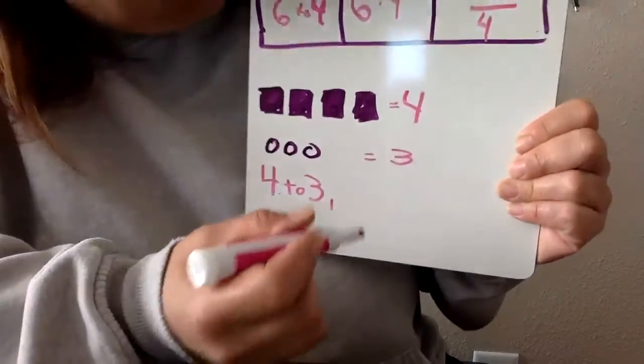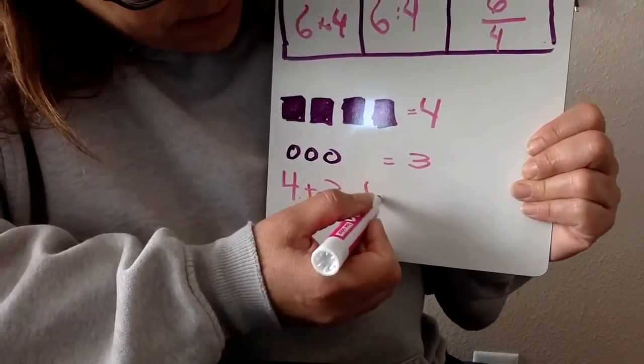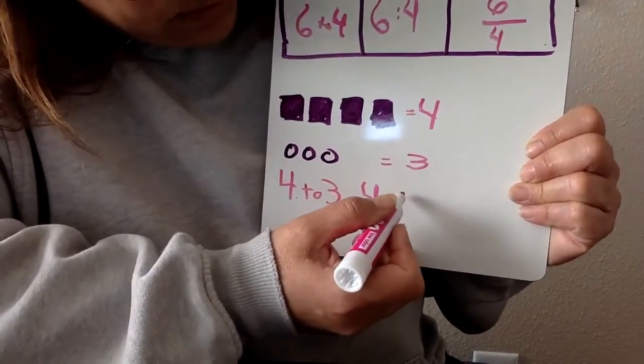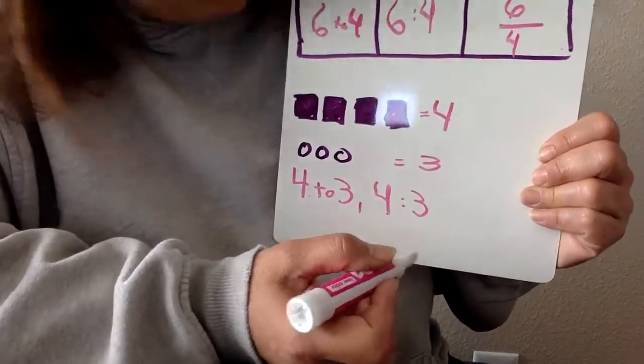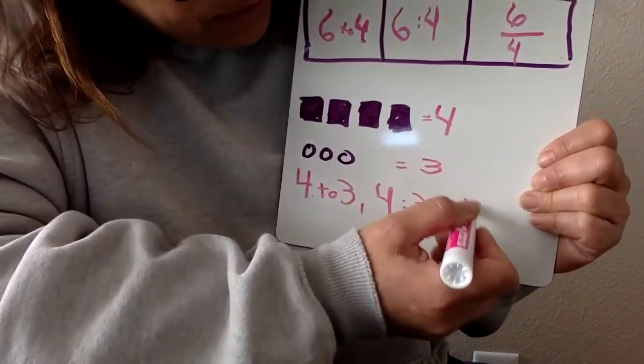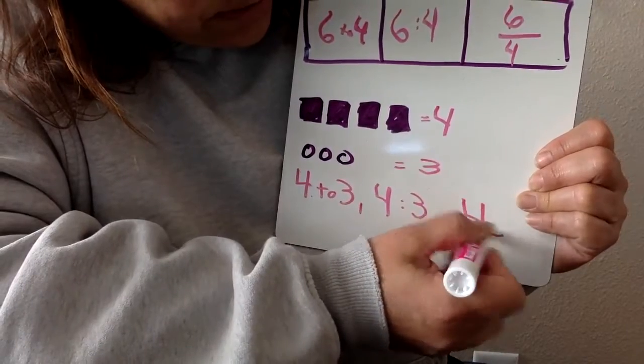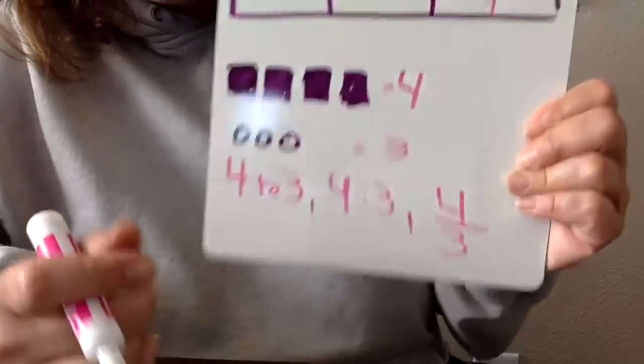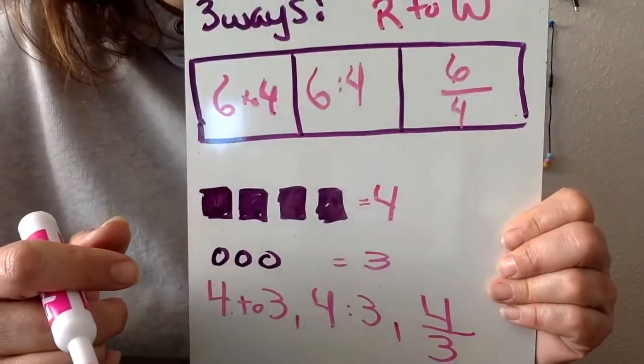We can always write it as 4 colon 3. And the last way is as a fraction, 4 over 3. Same thing. Pretty simple.